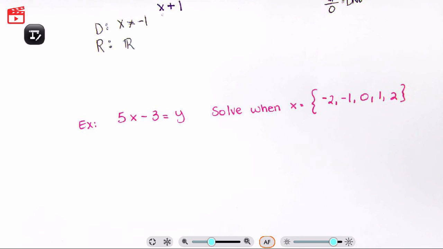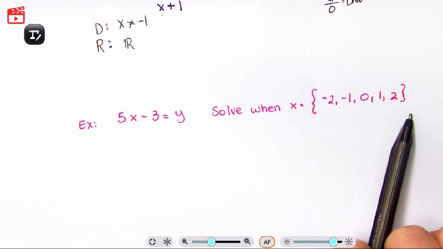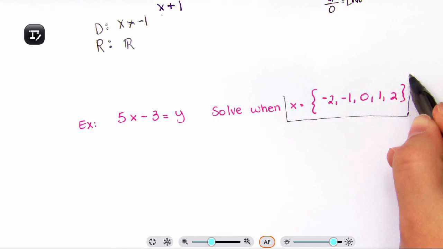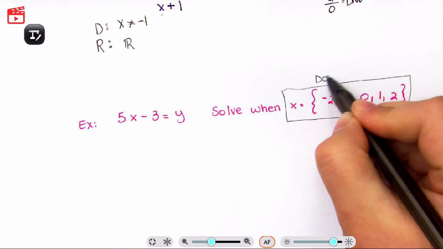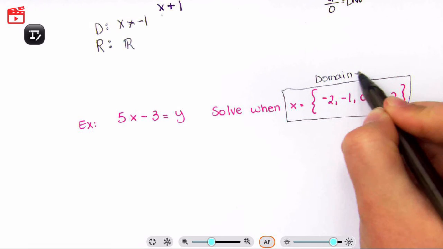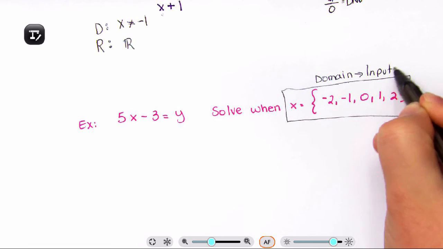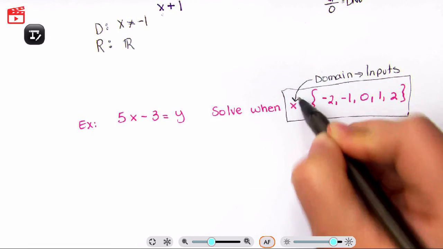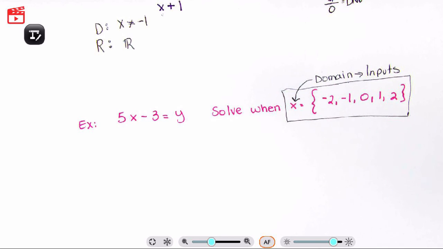Notice that when they give you domain, this is how it looks. This is your domain. That means these are your inputs. That means this is all of your x values and the only x values.